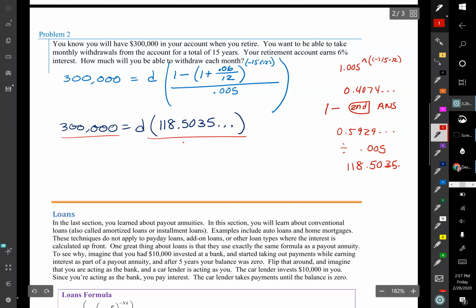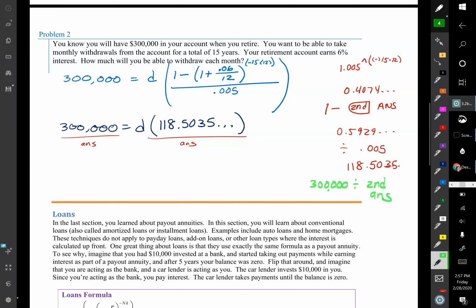But what I want to use is my answer key. So we can put A and S. What I'm going to type in now, I don't hit clear, is 300,000. So I'm typing 300,000 into my calculator, and then I'm hitting the divide button, and then the second button, and then the ANS, and then enter.